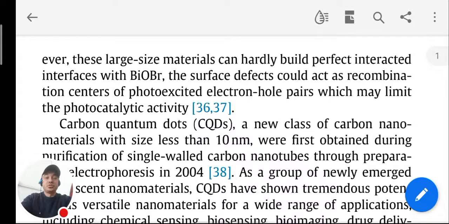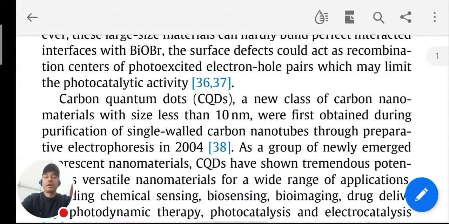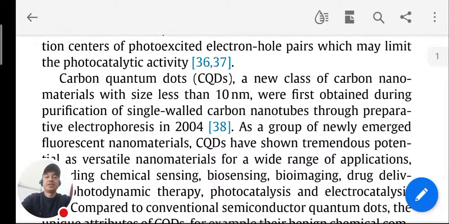The surface defects could act as recombination centers for photoexcited electron-hole pairs, which may limit the photocatalytic activity. And carbon quantum dots, a new class of carbon nanomaterial with a size of less than 10 nanometers, were first obtained during the purification of single-walled carbon nanotubes through preparative electrophoresis in 2004.